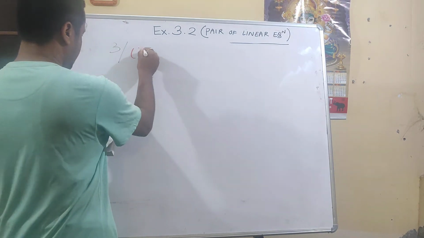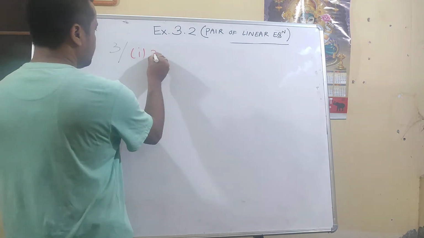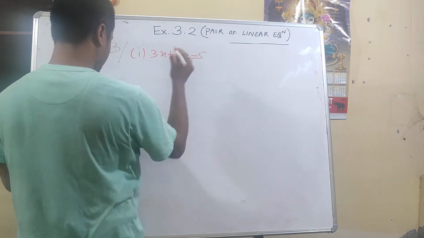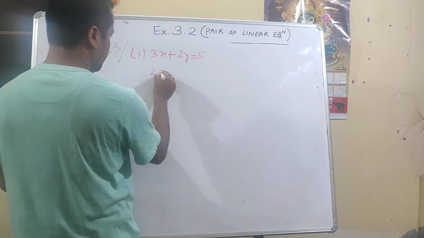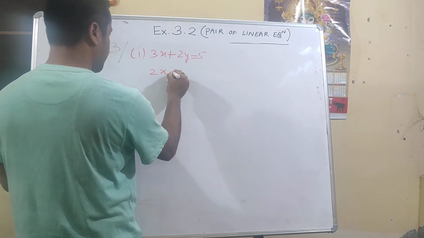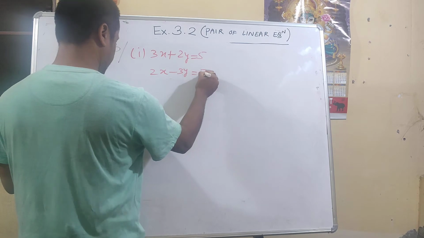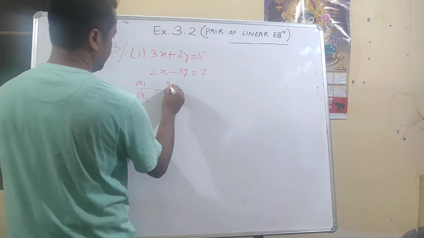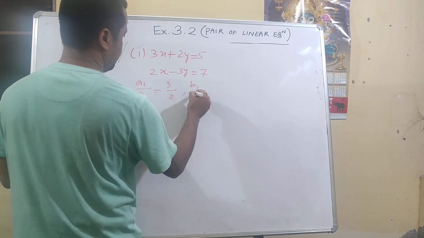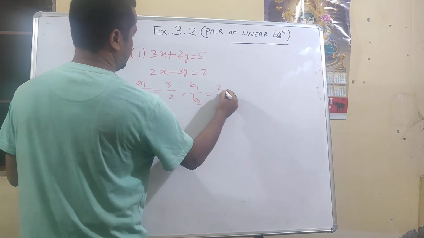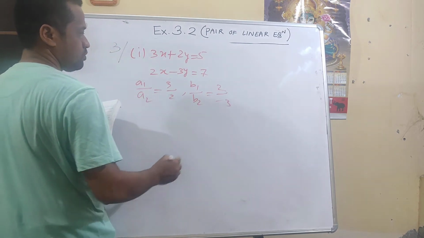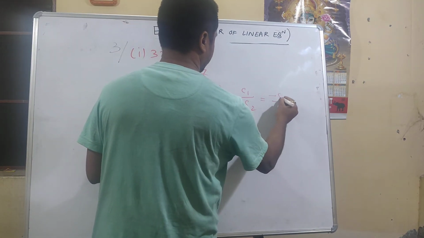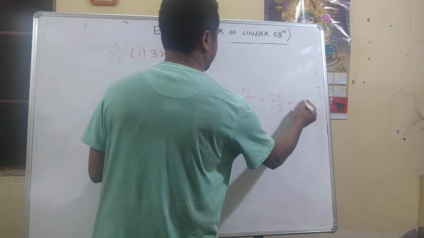Just take only one or two. 3x plus 2y is equal to 5, number 1, and number 2, 2x minus 3y is equal to 7. First check a1 by a2, it is 3 by 2. Next b1 by b2, it is 2 by minus 3, and c1 by c2, minus 5 by minus 7, it is 5 by 7.